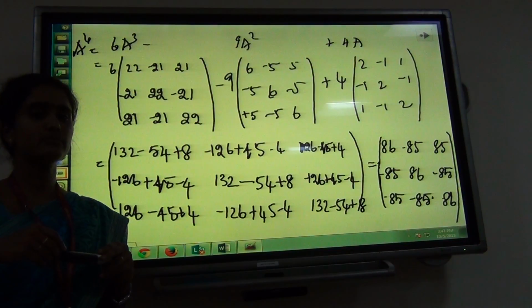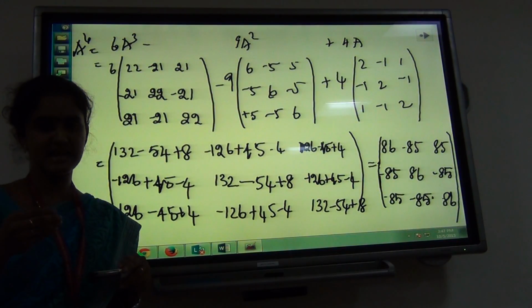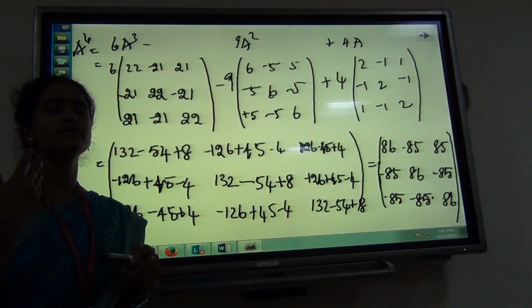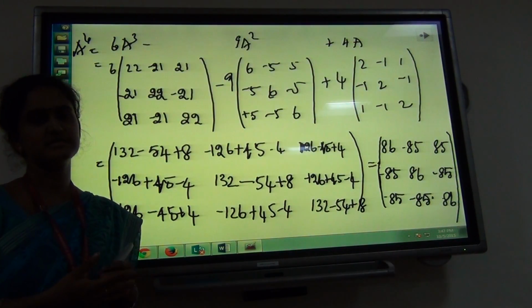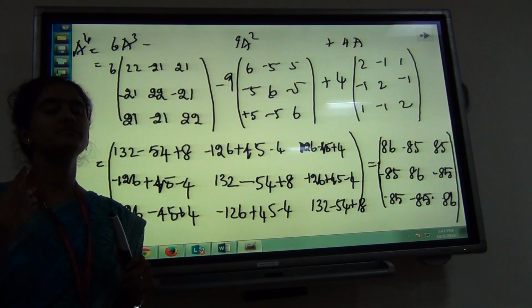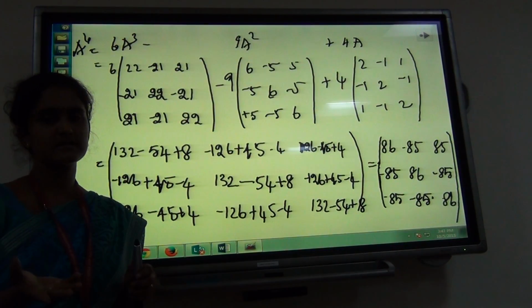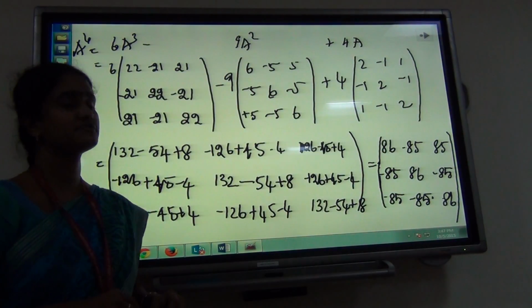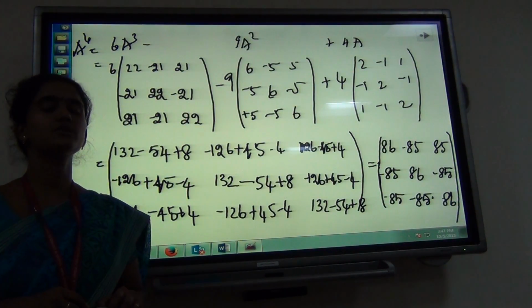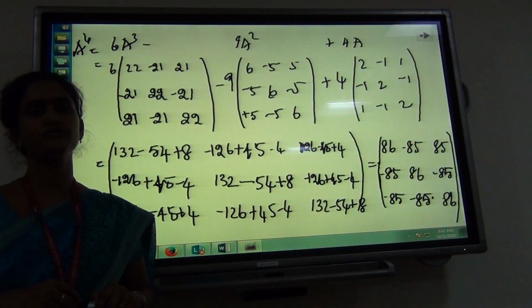To find A inverse, we have to reduce one less than the power of that. So we pre-multiply by A inverse to the characteristic equation, and we pre-multiply by A to the characteristic equation to find A power 4. So these are the methods, and this is how we find A inverse and A power 4.